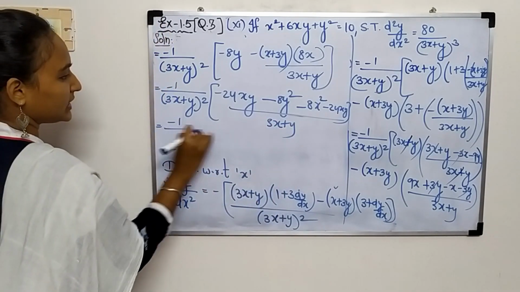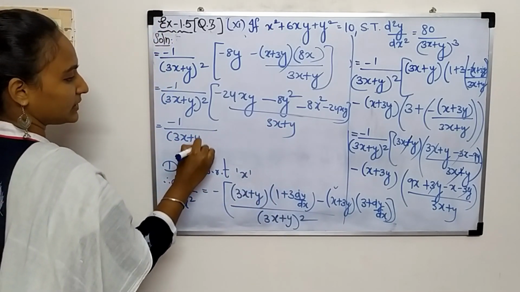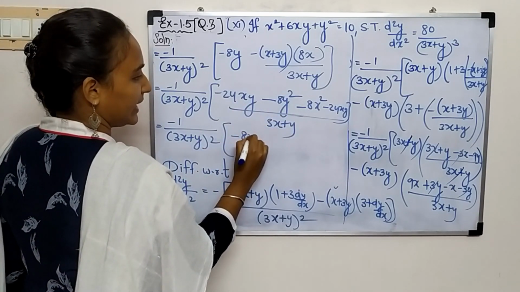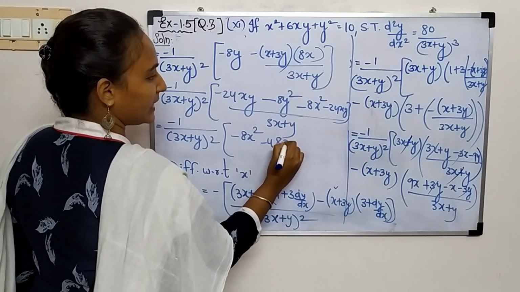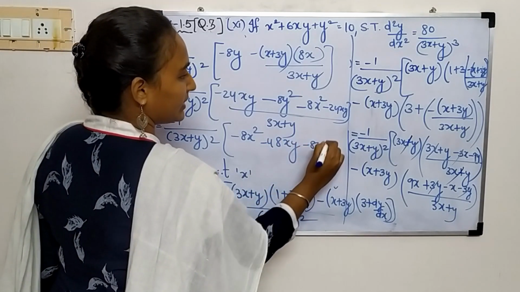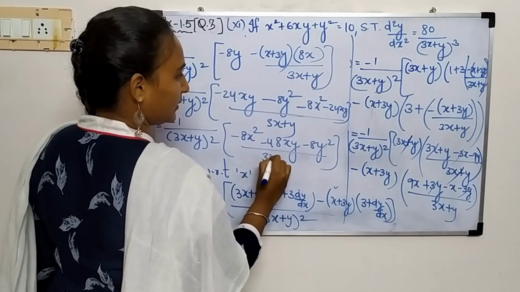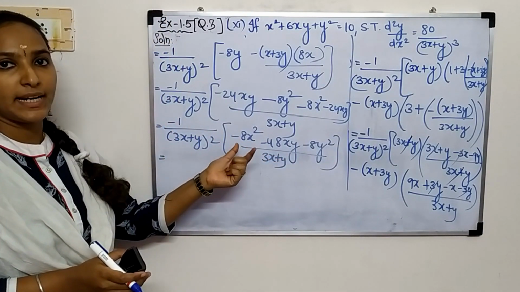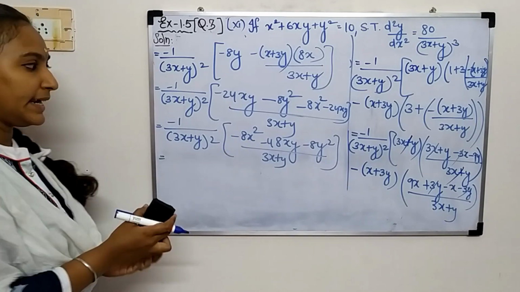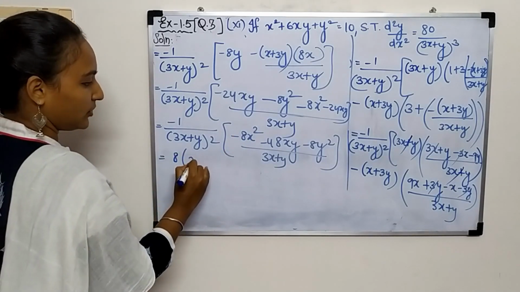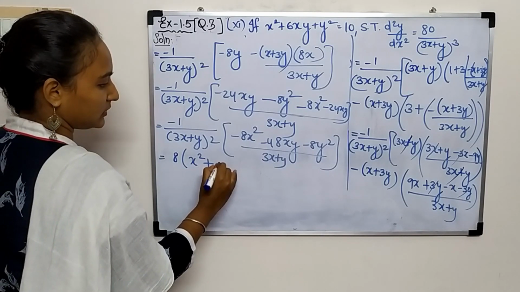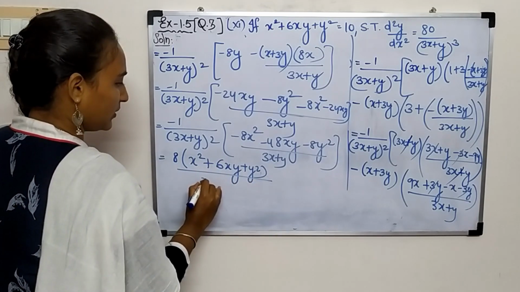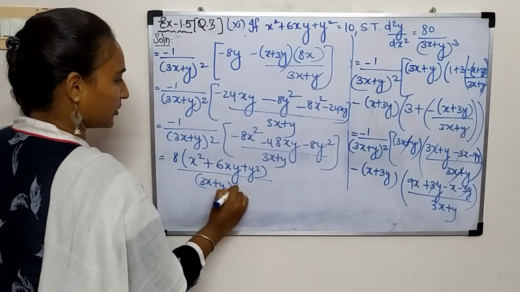This is equal to minus 1 upon (3x plus y) the whole square, and this is minus 8x square minus 48xy and minus 8y square upon (3x plus y). Take minus common, minus into minus will become plus, and take 8 common. This is 8 into (x square plus 6xy plus y square) upon (3x plus y) the whole cube.